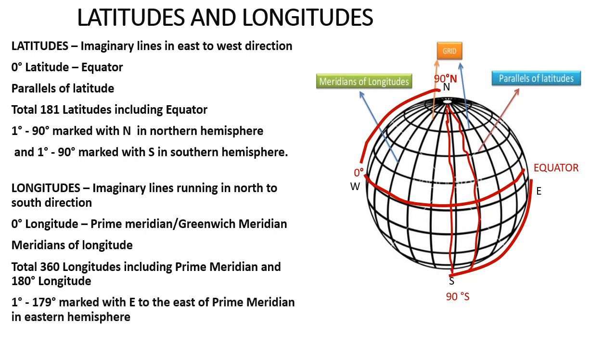So all the lines of longitude which lie to the east of the prime meridian, from 1 degree to 179 degree, marked with E, lie in the eastern hemisphere, and the longitudes from 1 degree to 179 degree marked with W, to the west of the prime meridian, are in the western hemisphere.